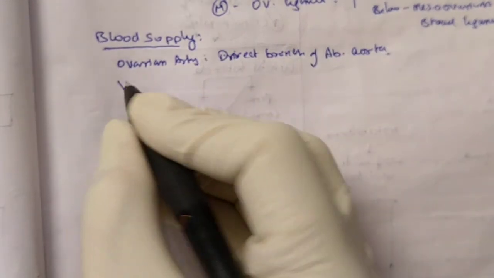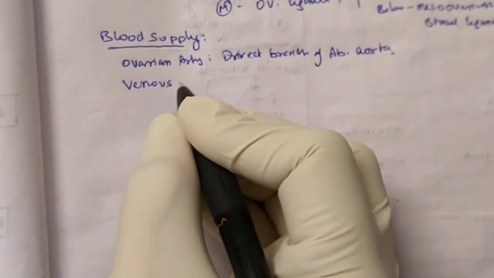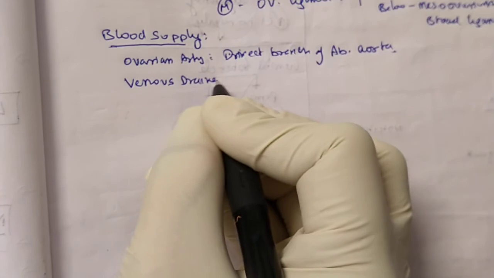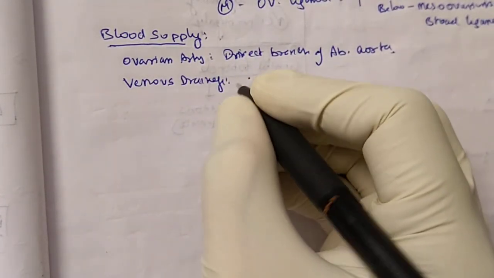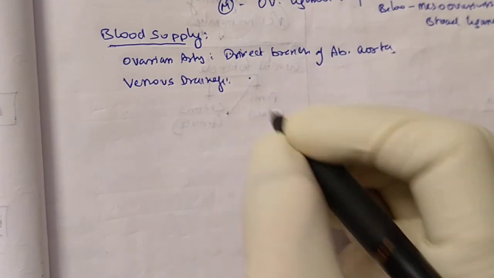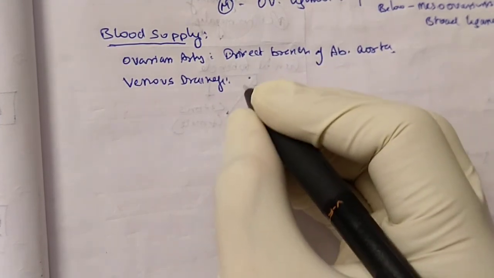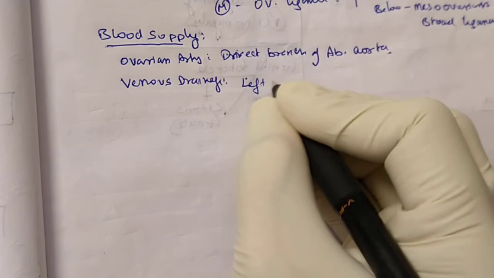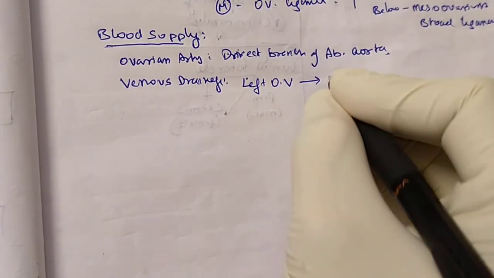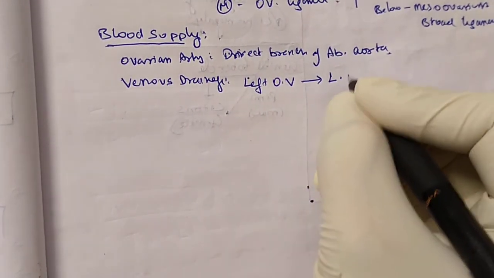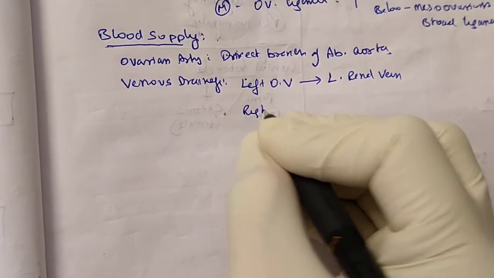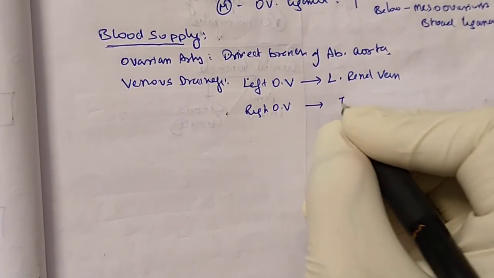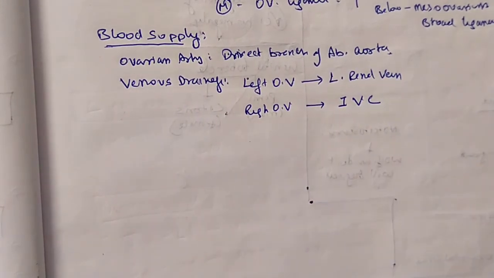Then specifically we'll talk about its venous drainage because it is unique. Left ovarian vessels and right ovarian vessels. Left ovarian vessels go to left renal vein, and right ovarian vessels go to inferior vena cava.